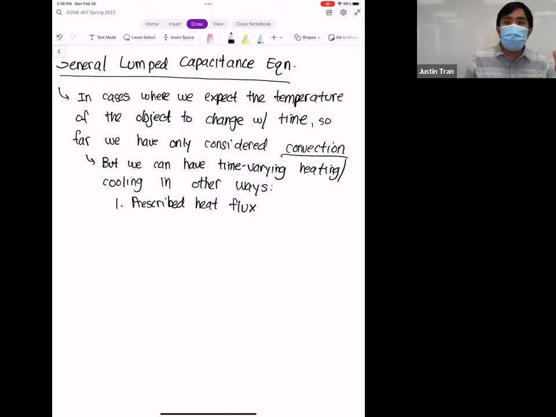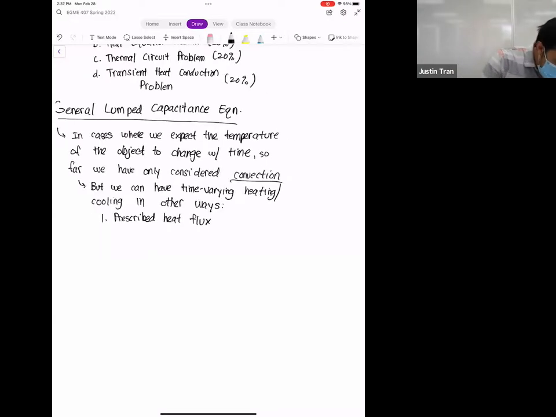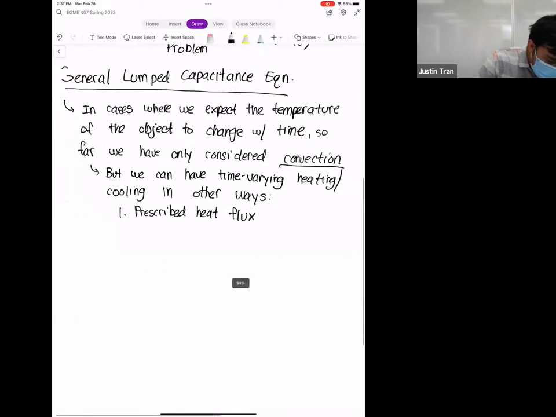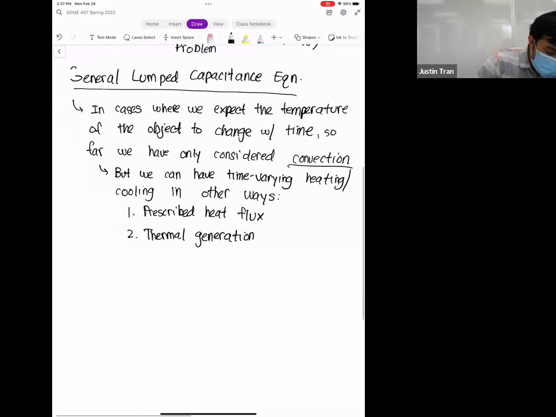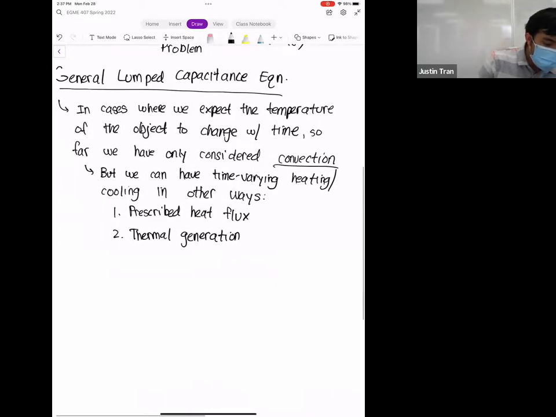We have an electric heater that's heating an object, okay, and that's changing with time. We can have thermal generation, and so we can have an object that is generating heat on its own, and so that's also going to cause an object's temperature to change with time.